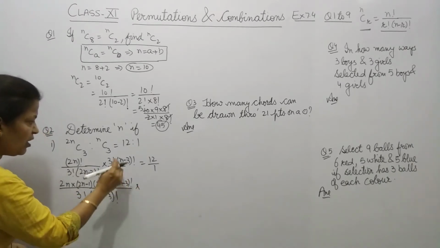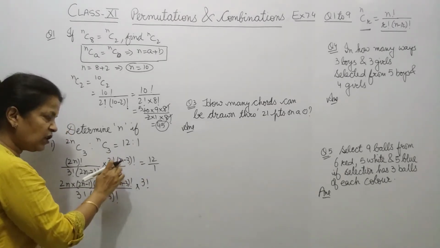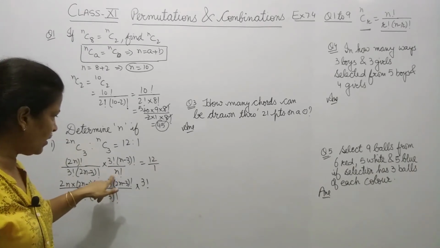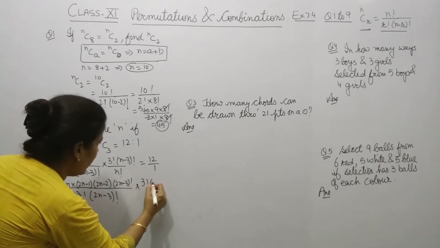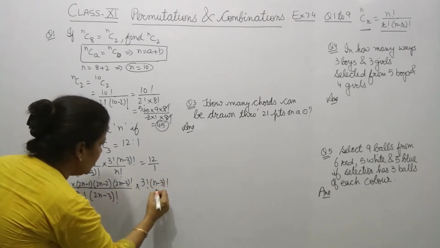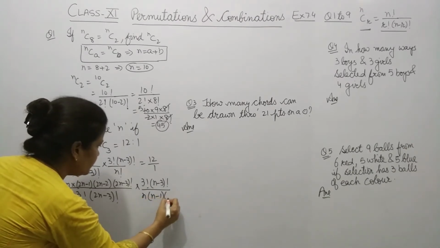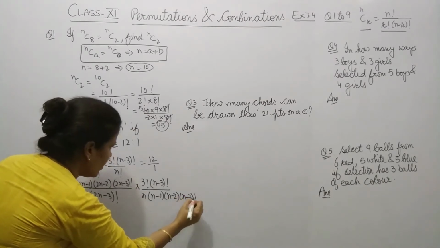Same way here, this is 3 factorial. Out of these two, which one will we expand? The lower part: n minus 1, n minus 2 and so on. And the upper we will keep as it is so that the terms will be cancelled out: n minus 2 and n minus 3 factorial.